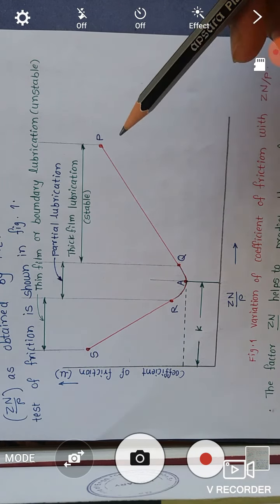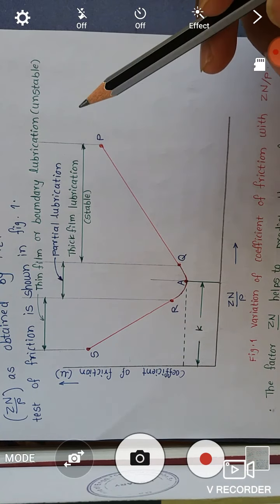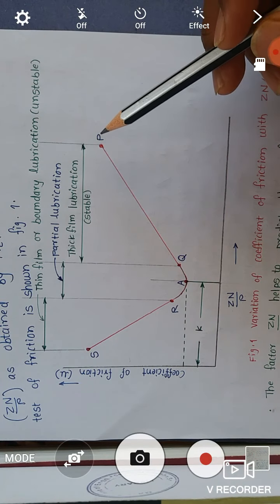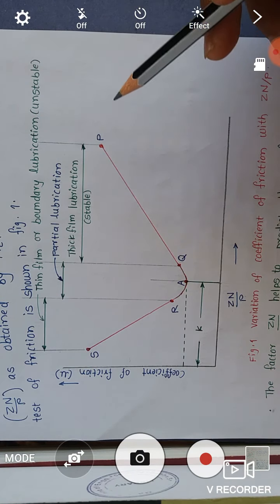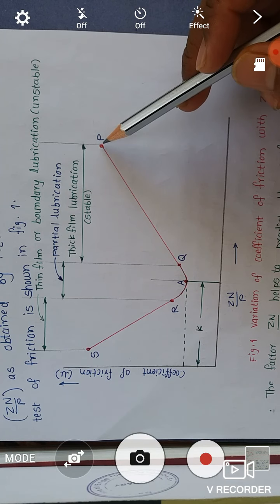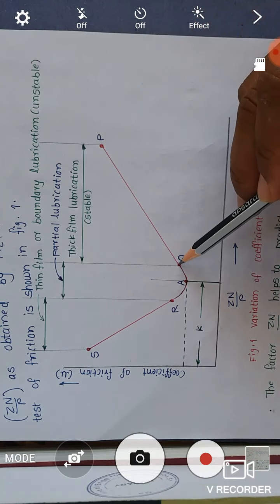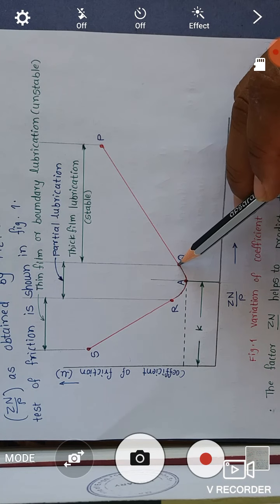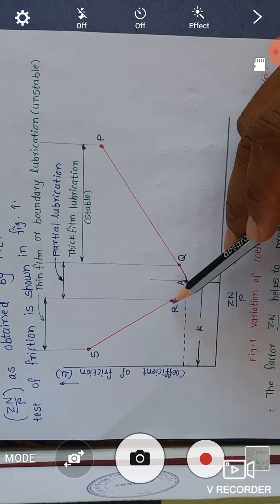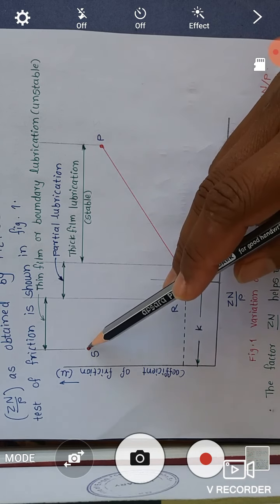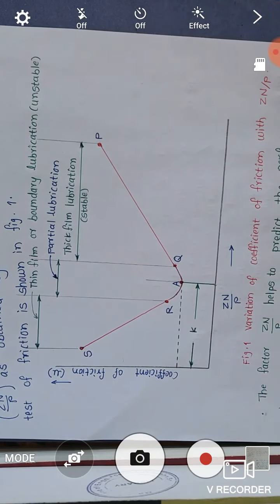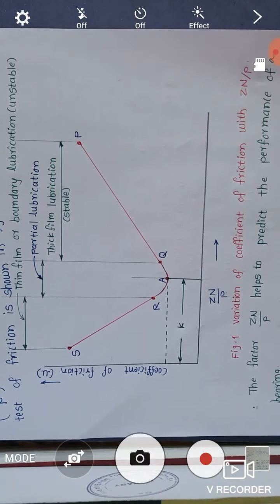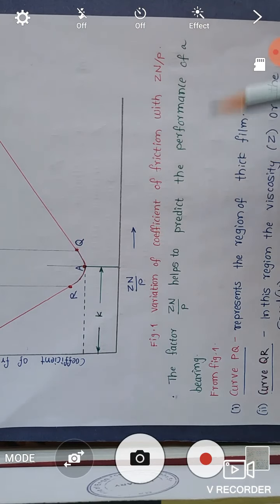This experiment was done by the Mackie brothers, and they got three different regions in this graph. The first region is from P to Q, the second region is from Q to R, and the third region is from R to S. The factor ZN upon P helps to predict the performance of a bearing.